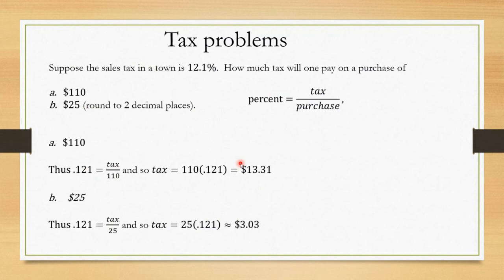But what if instead, let's say another person bought something that was only $25. Well, in that case, what would 12.1% of that be? How much sales tax would that person pay? Same idea. You write 12.1% as a decimal. That's going to be your tax over 25.